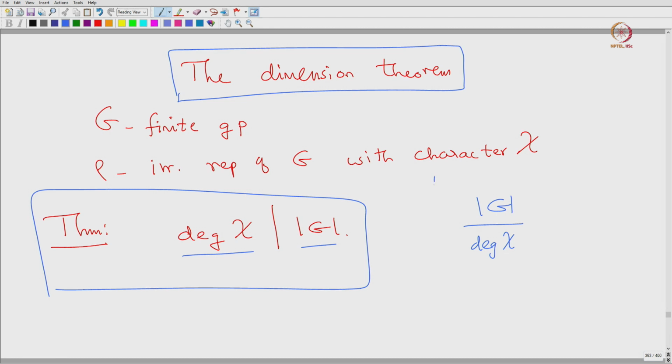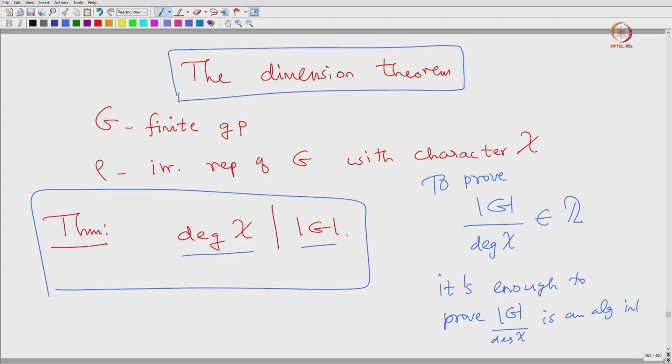To prove that this is an integer, we will observe that it is enough to prove that the cardinality of G divided by the degree of chi is an algebraic integer, because a rational number which is an algebraic integer must be an integer.